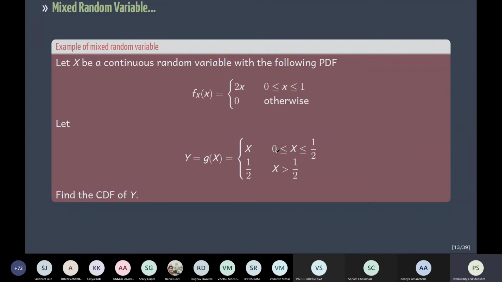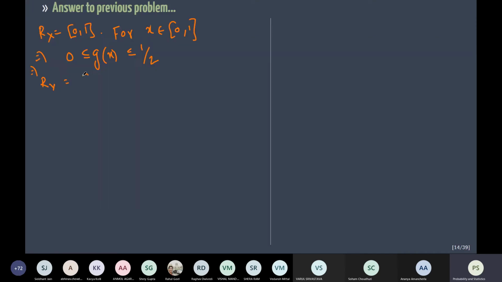It's taking values from 0 to half, and beyond half it's taking half. So all possible values are in the closed interval 0 to half. That's the range of y.